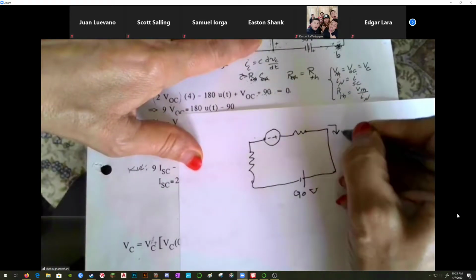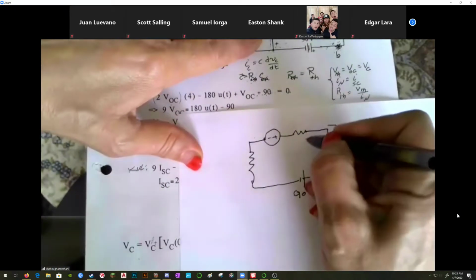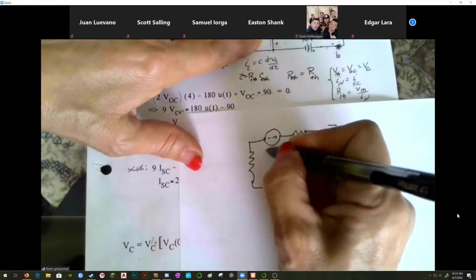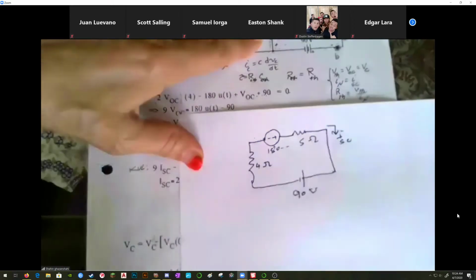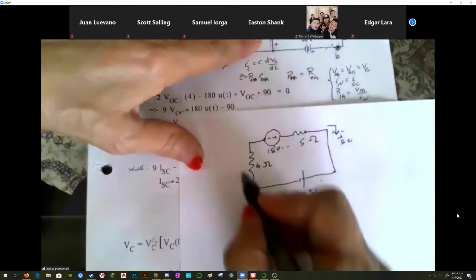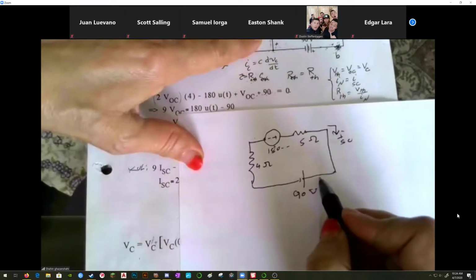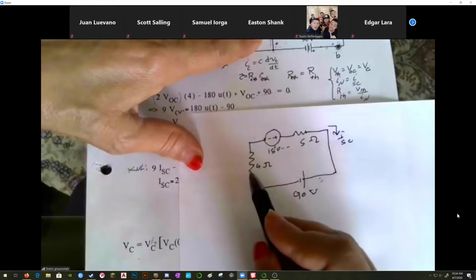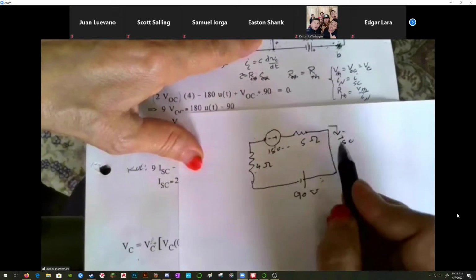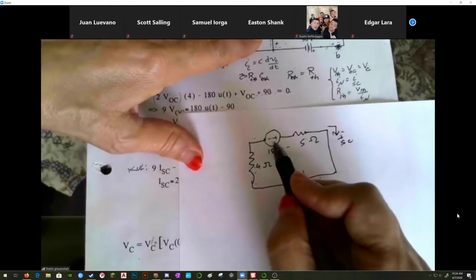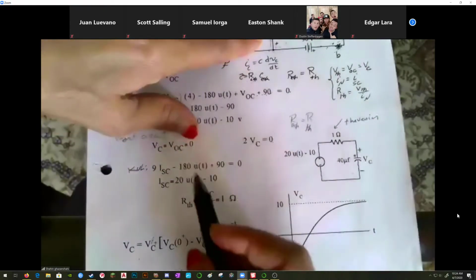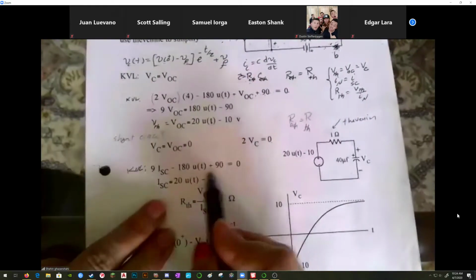This current I call short circuit current. This is 5 ohm, and this is whatever it is, and 4. Okay? So again, you just have one loop. You apply KVL to this loop. So you have 4 times I short circuit. 4 and 5 is 9. 9 I short circuit minus this plus 90 is 0. So that's what I write for you here.